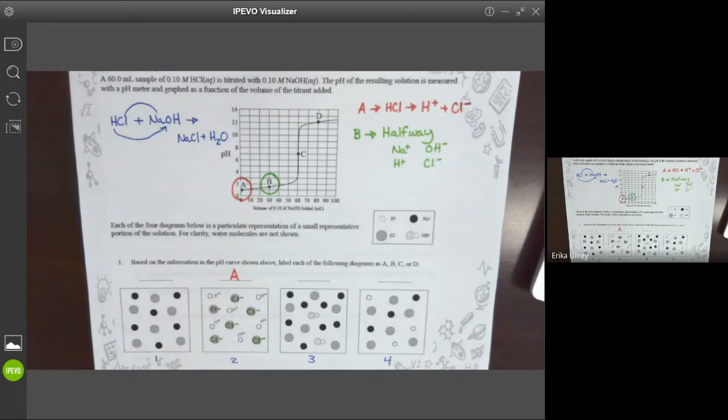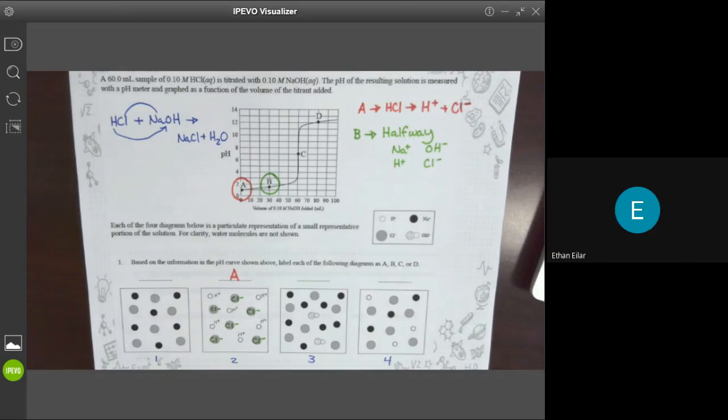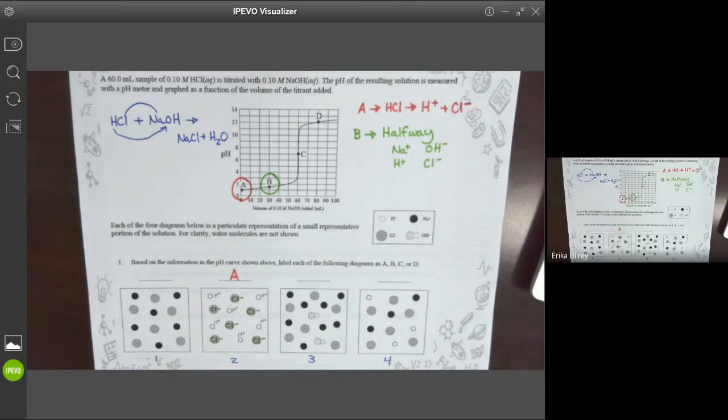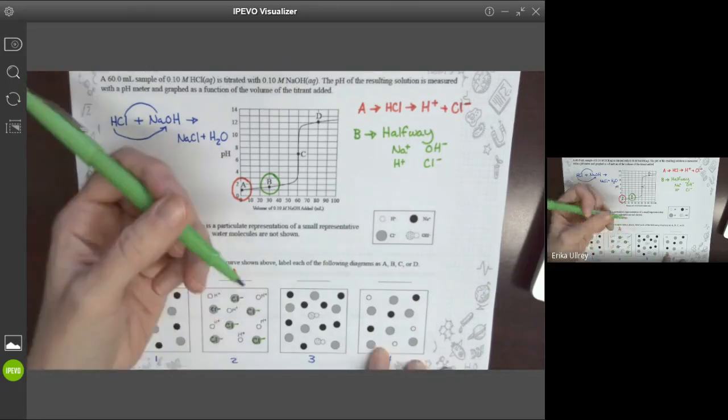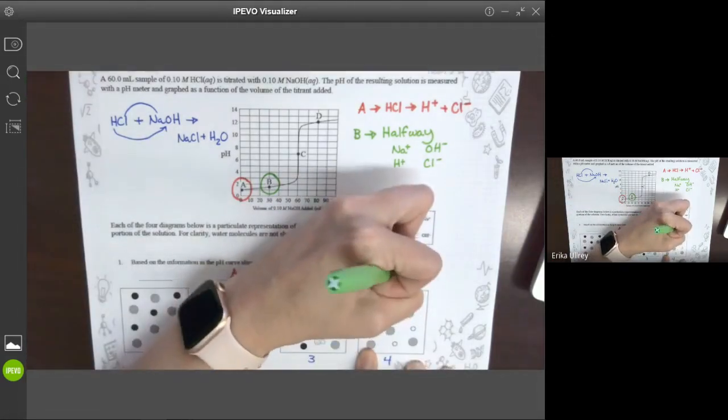We'll stop here and I'll go over the answers tomorrow. Ethan, which one of our pictures represents the half equivalence point? I think it's 4. It is 4. Good. Because at that point we can see half of our H's are gone. So that is going to be B.